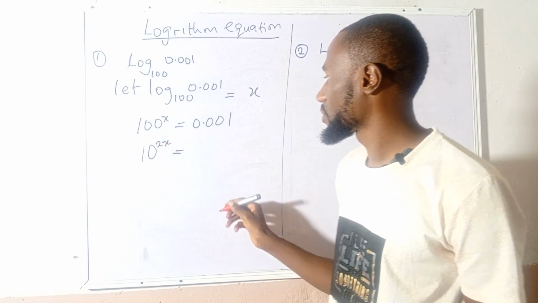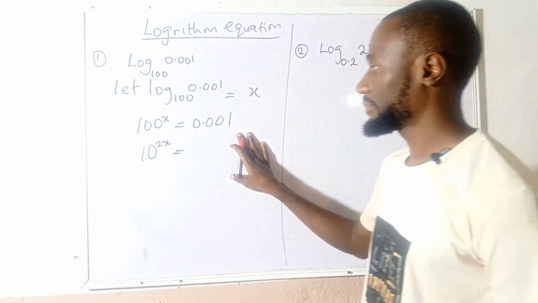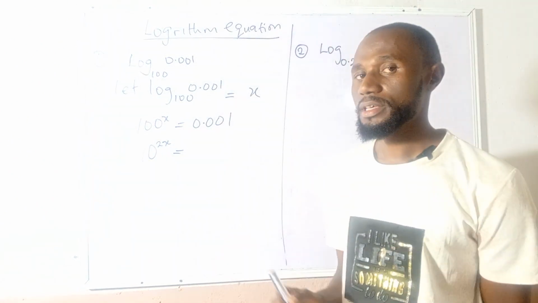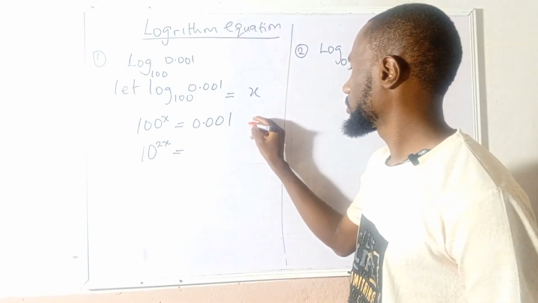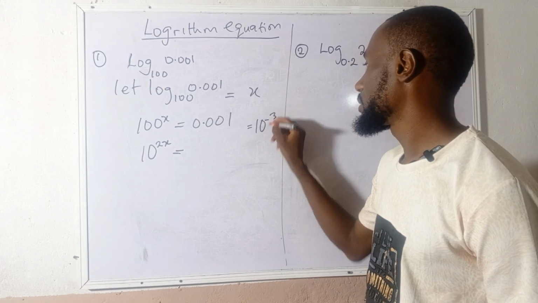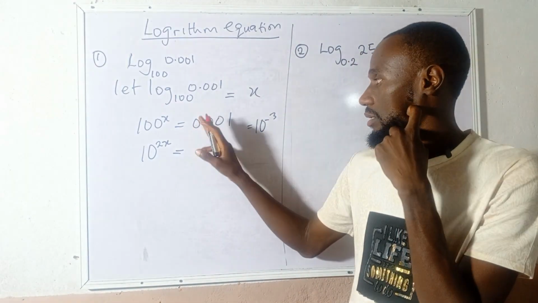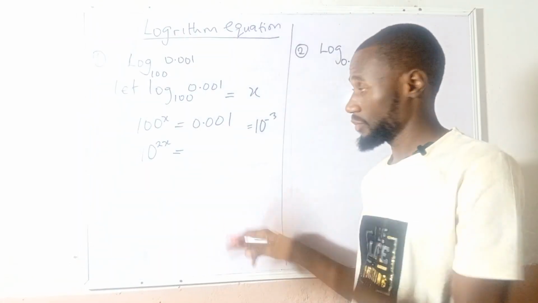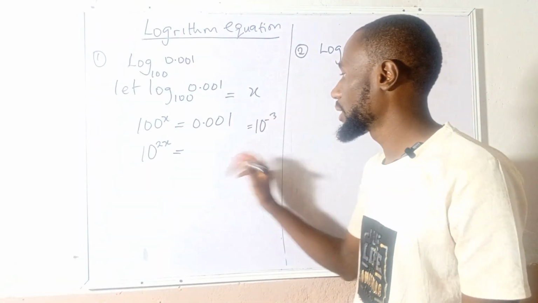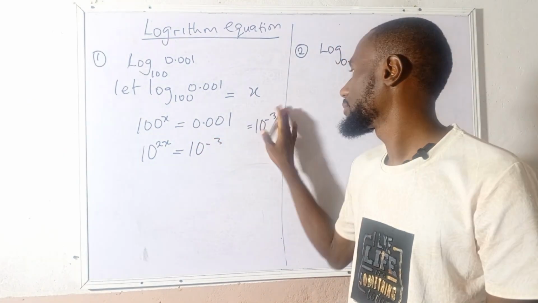This is equal to, converting 0.001 in standard form, 10 raised to the power minus 3, because it is 1 over 1000.